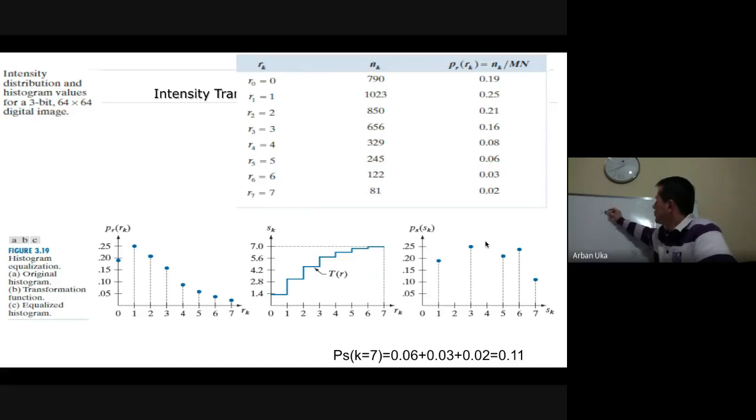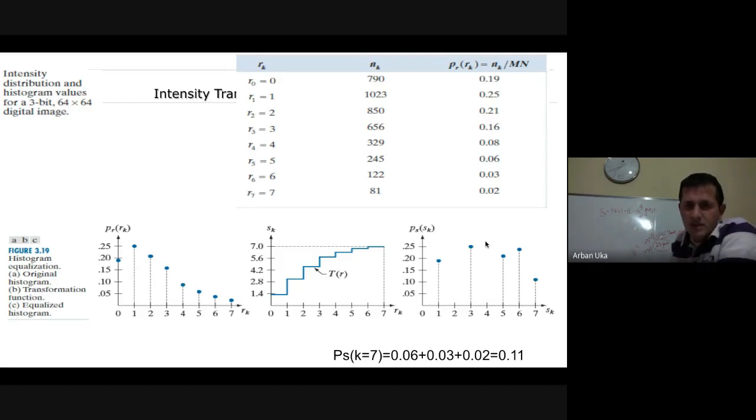The new probability of each of the pixels can be written by applying a transformation function onto r_k, which is equal to L minus 1 times the summation of the probabilities from 0 to k, where we put the probability of each r_j. So this is the new probability of each value of k.